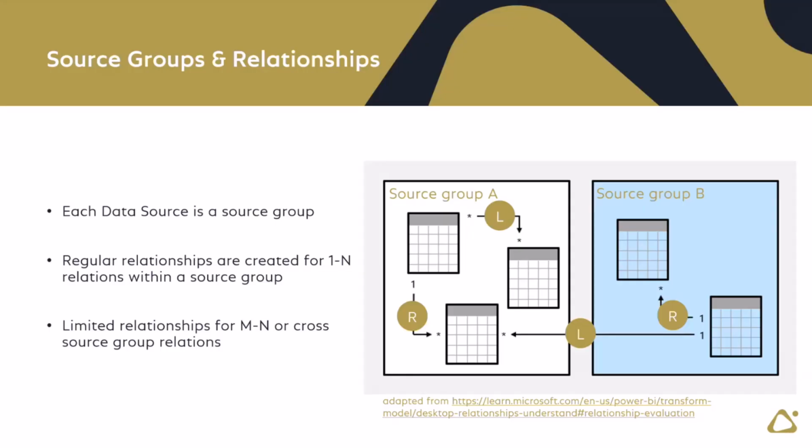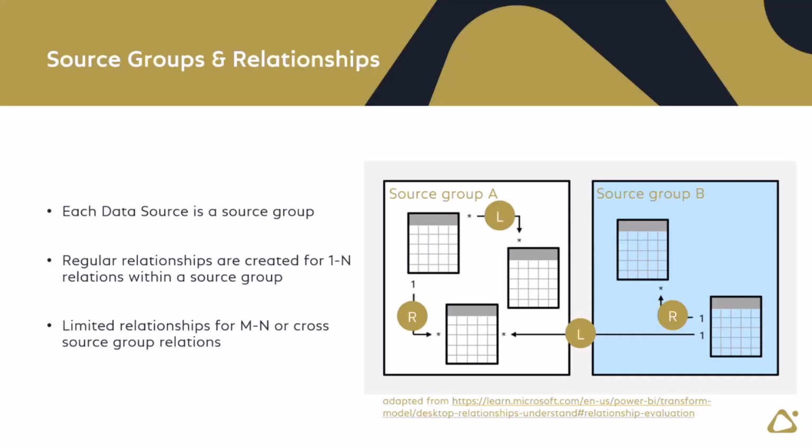They do not propagate row-level security. You cannot use a DAX function like RELATED. The joins are not materialized and have to be resolved at query time by the formula engine, which can lead to significant query performance issues.